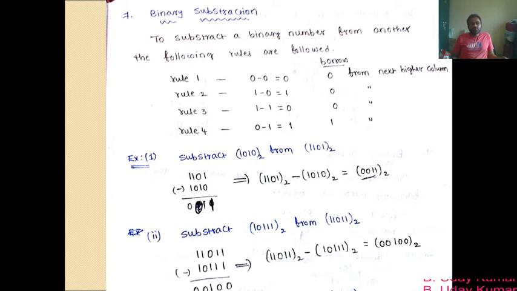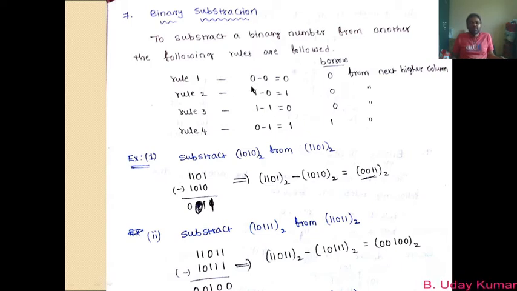As you already know, there are certain rules that have to be followed in adding binary numbers. Similarly, there are certain rules which we have to follow while subtracting one binary number from the other. Those rules are mentioned over here.